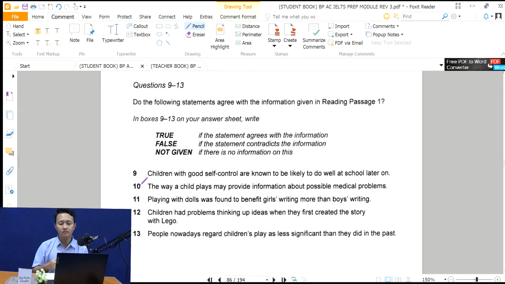You can also highlight the keywords, because highlighting and trying to find the keywords helps you find the location of the information faster, not more accurately. To make it accurate, you need to understand the questions.